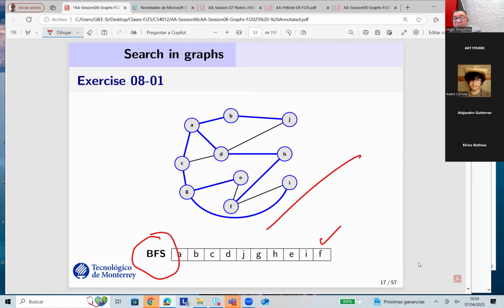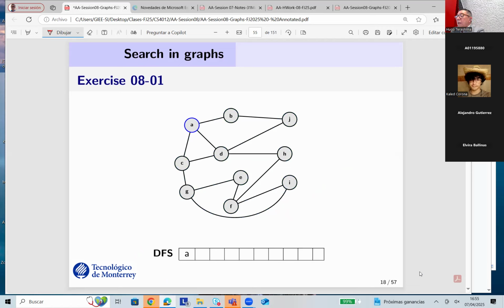Question for that. Is that okay? So that's the way breadth first works. And if I want to use DFS, I start here. What is next in the search?